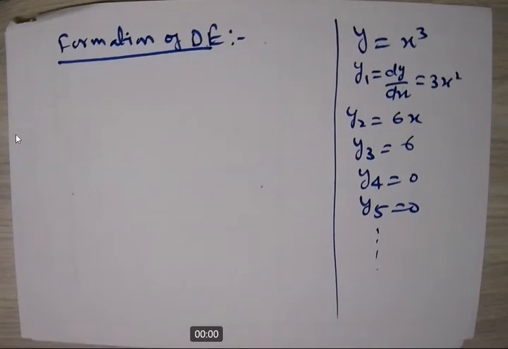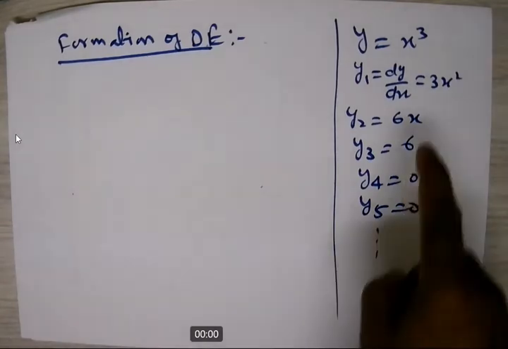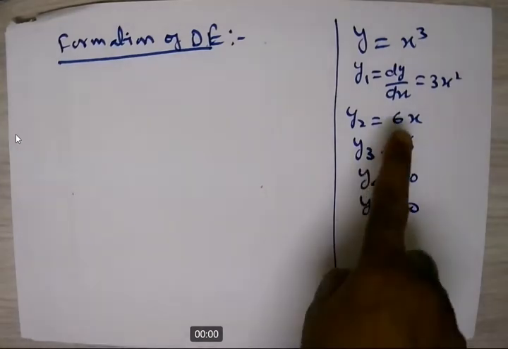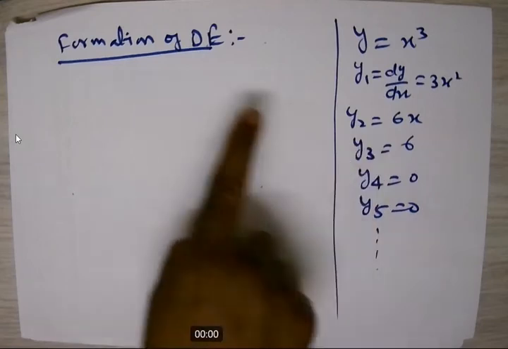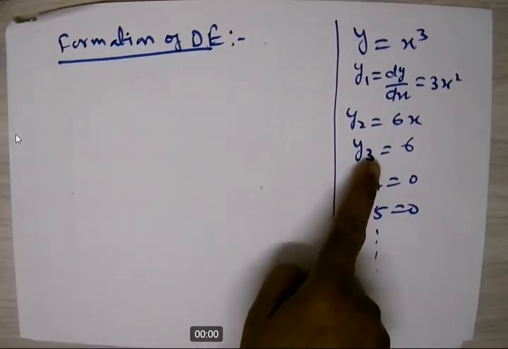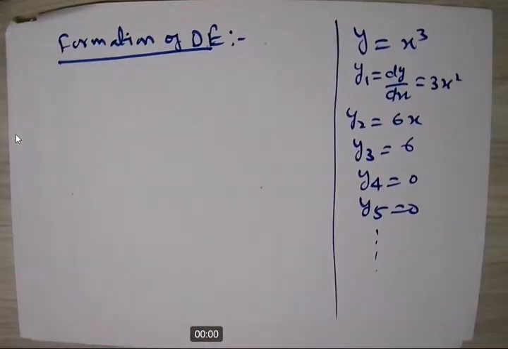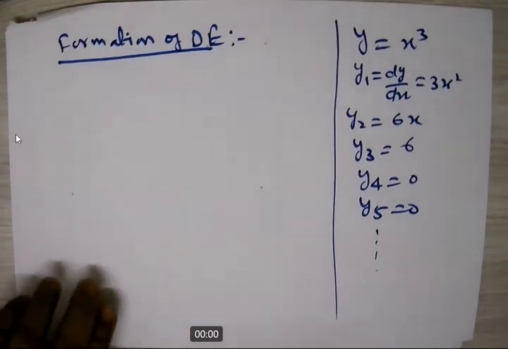What is the meaning of this? Finding the derivative here is also formation of a differential equation. The difference is that in the formation of a differential equation, there may be one constant, two constants or three constants, arbitrary constants, given.